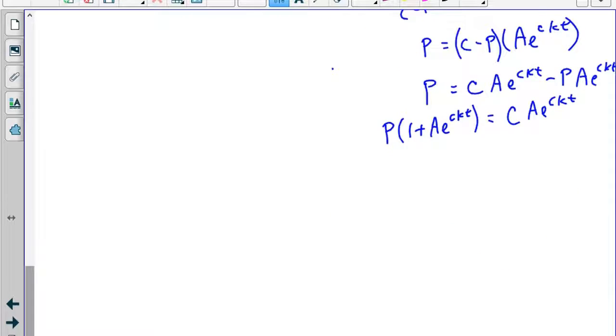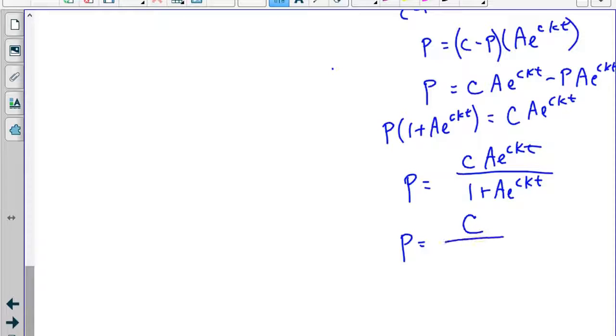Now I'm going to divide. This is a lot of work. P equals c A e to the CKT over 1 plus A e to the CKT. And then what ends up happening here is I can leave it like this, or I can multiply the numerator and denominator by some constant times e to the negative CKT.